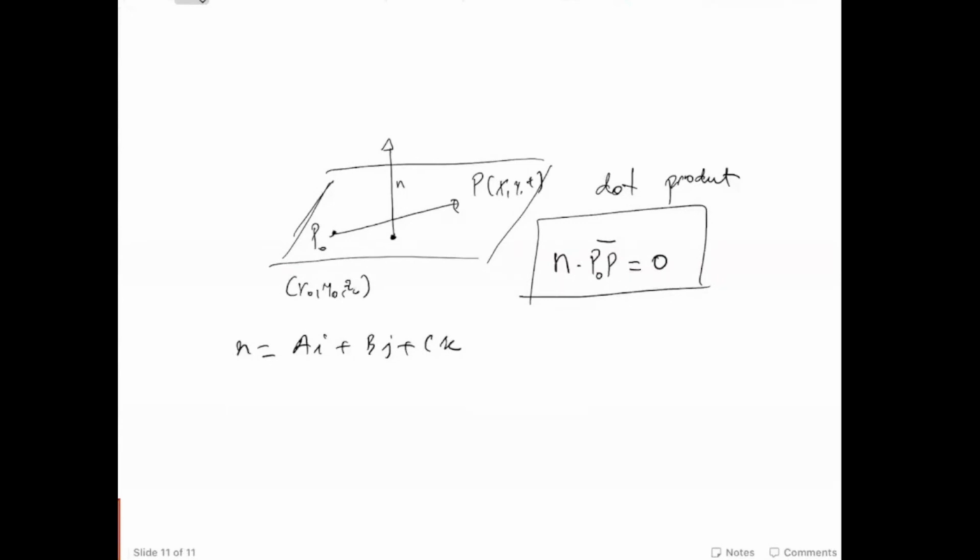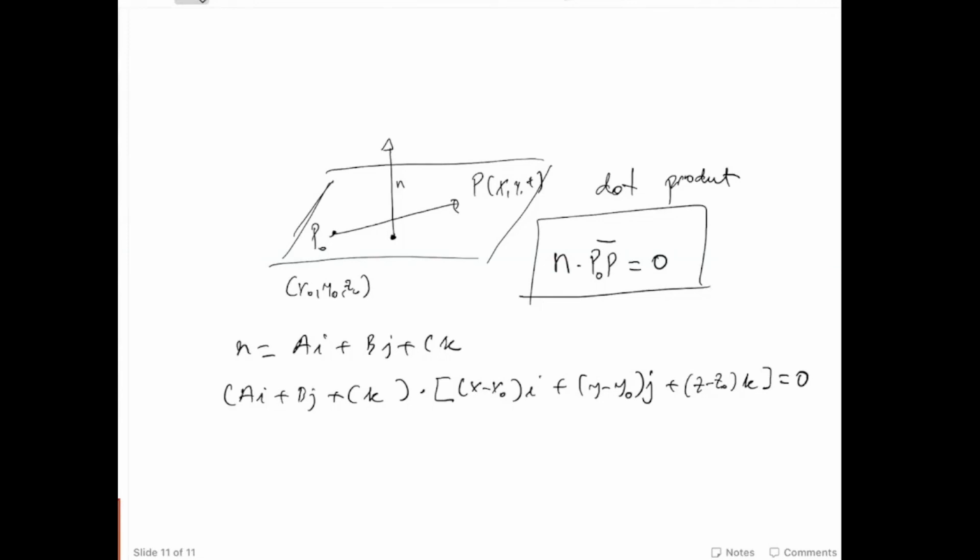And therefore, we can just write Ai plus Bj plus Ck dot the vector that is made of P0 and P, which will be the difference in the components: X minus X0 i, plus Y minus Y0 j, plus Z minus Z0 k, and then this will be equal to 0.